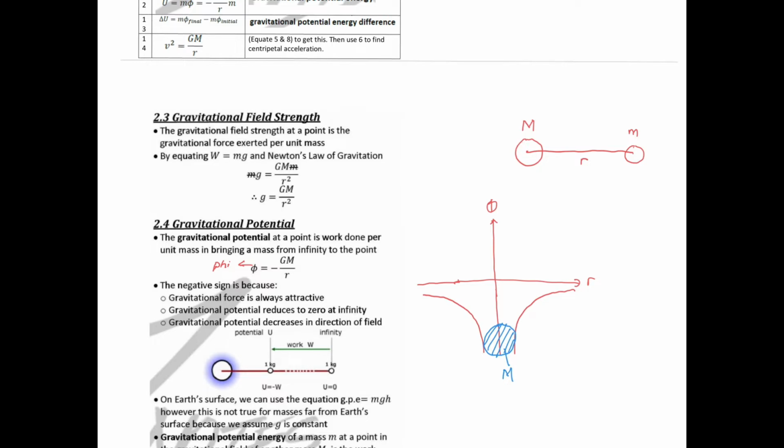When the rock is very far away, we can't expect the earth to attract the rock. That's why the gravitational potential is zero when the distance is infinity.